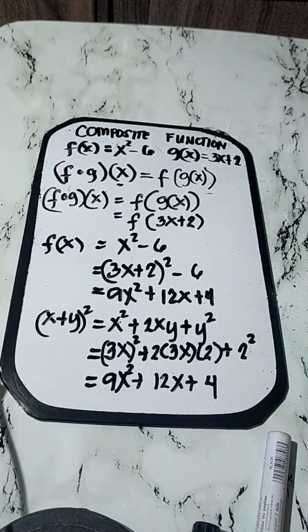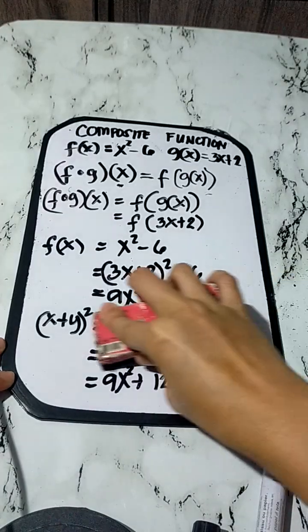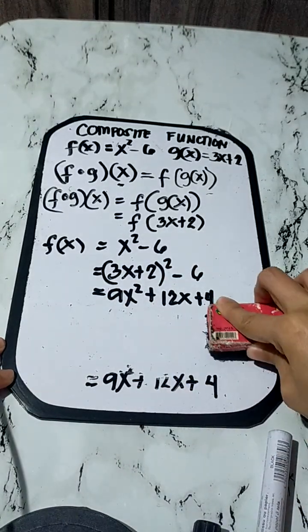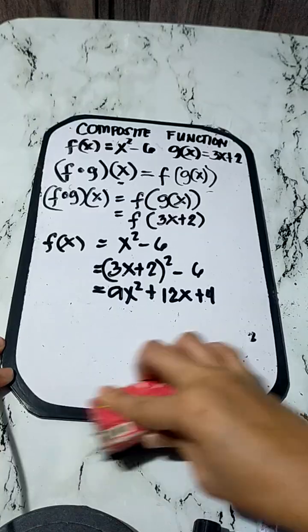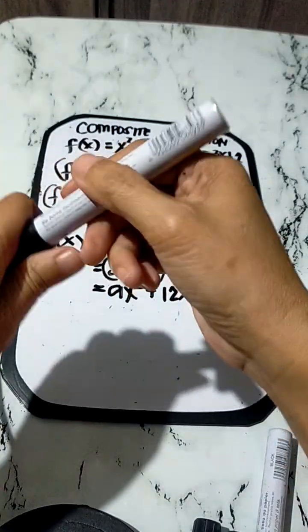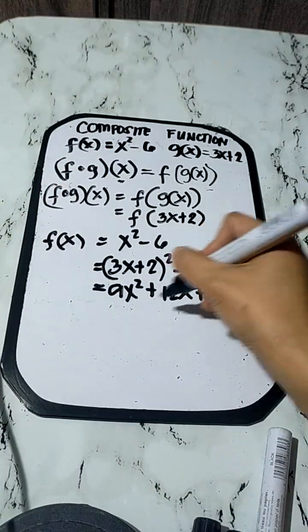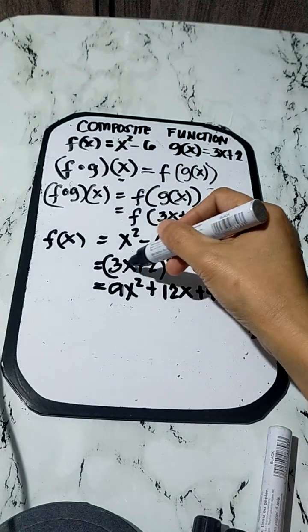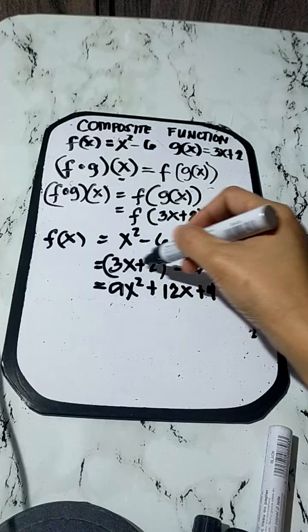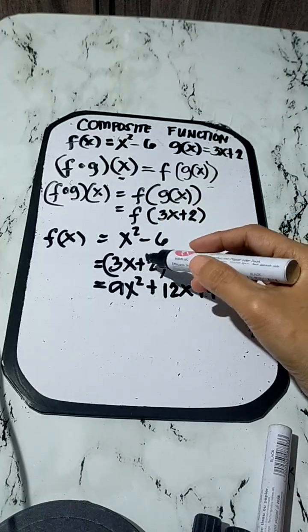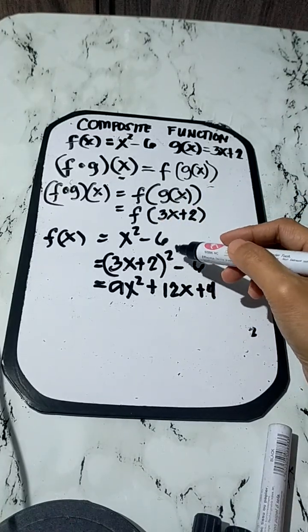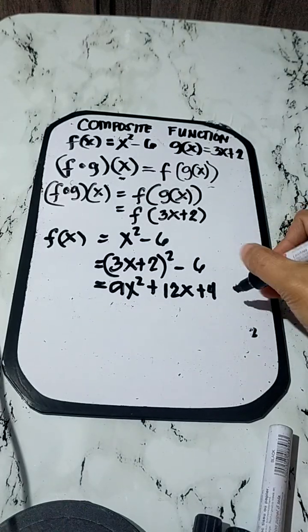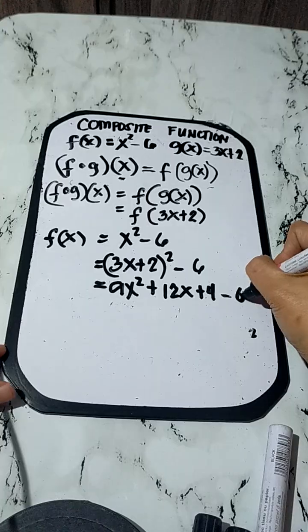This 9x squared plus 12x plus 4 came from simplifying the quantity of 3x plus 2 with the exponent of 2. Then bring down minus 6.